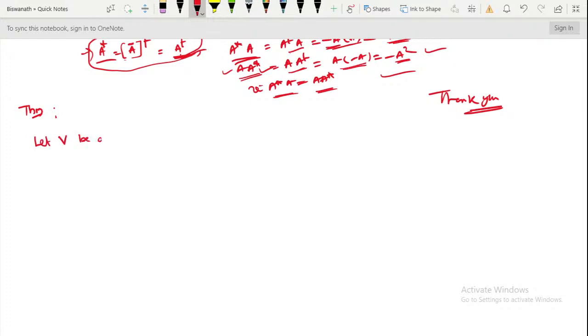Let V be an inner product space and T be a normal operator on V. Then the following statements are true.